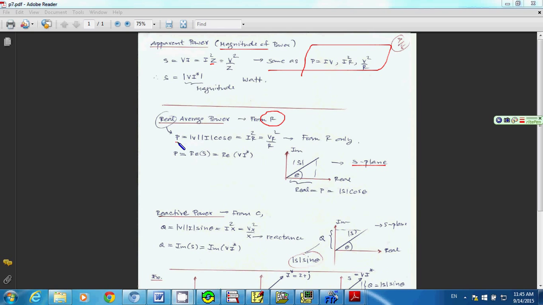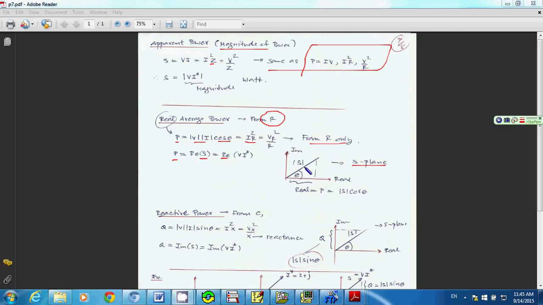So that's why you have P equal to S, the magnitude of the voltage multiplied by the magnitude of the current, and then you multiply by cosine theta. And that's equal to I squared R equal to V squared over R, because it comes from R only. This is the real part. Or you can write P in terms of the real part of your S, or the real part of your V multiplied by I complex conjugate.